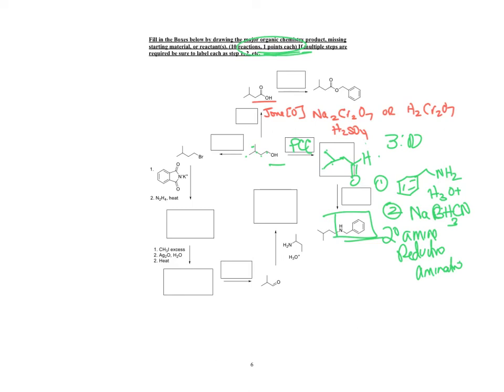All right. Now let's go to the 9 o'clock reaction over here. We're using the phthalimide with hydrazine. So we're making a primary amine from an alcohol. What you want to do here is convert the primary alcohol into the alkyl bromide. So PBr3 works there.